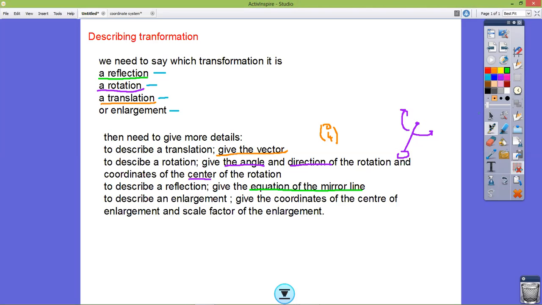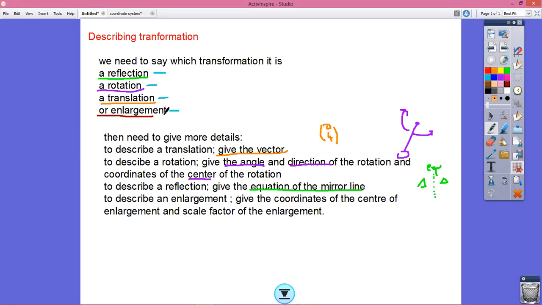Remember, for this one we had the mirror line like this, on the right side a figure, on the left side the same figure, and the line has an equation. We learned how to find the equation of the mirror line.